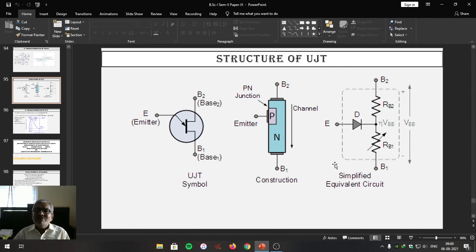In the negative resistance region of UJT, even though voltage is increased, current starts decreasing, which is against Ohm's law. What is Ohm's law? In Ohm's law, as voltage increases, current should increase. That is, voltage is directly proportional to current.